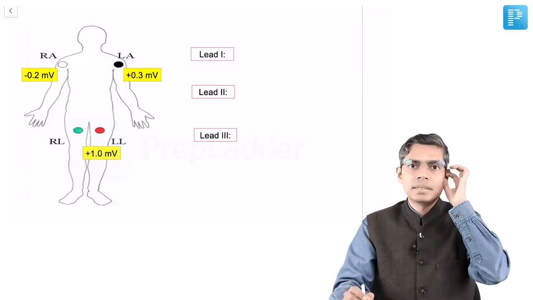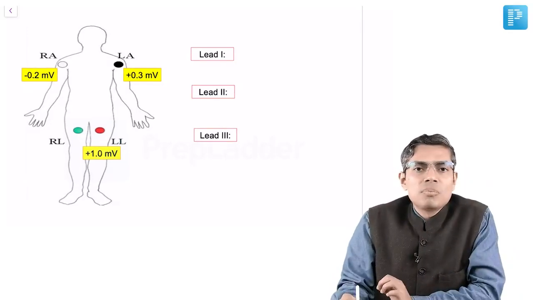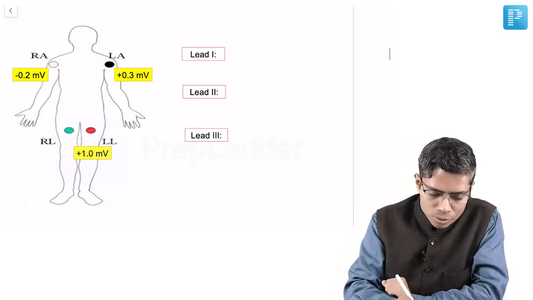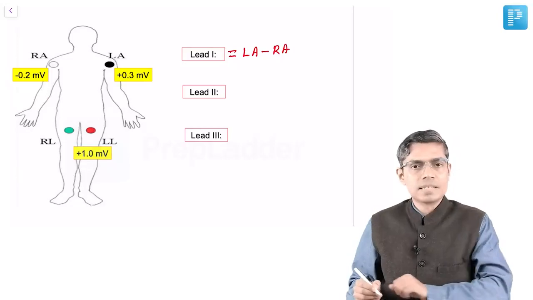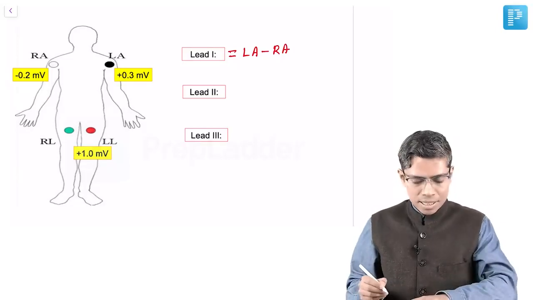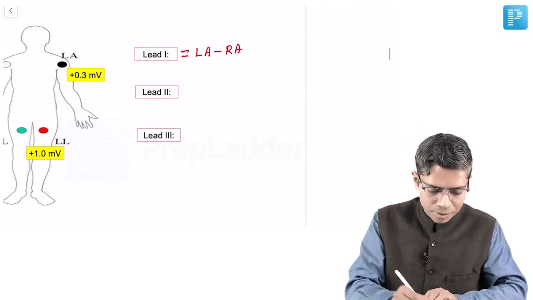Now you have to calculate how much voltage will be recorded in your ECG machine by lead 1. What I told you, lead 1 means the left arm voltage minus the right arm potential, right? So look at here, what is that? Okay, just hold on.